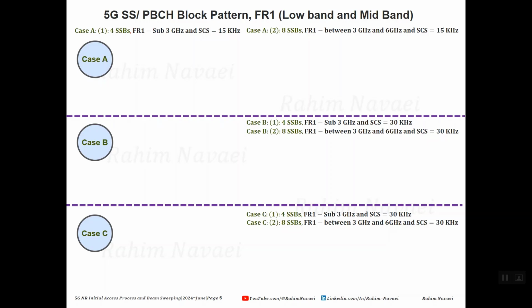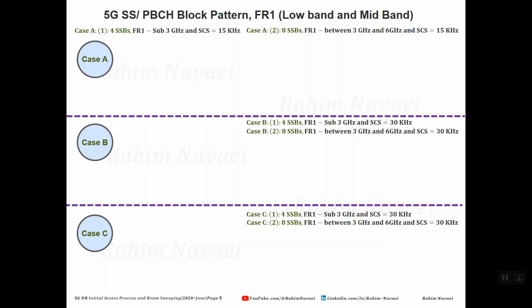In case of below 3 GHz, a maximum of 4 synchronization signal blocks are transmitted within a burst, and for the frequency range between 3 GHz and 7 GHz, a maximum of 8 synchronization signal blocks are transmitted within a burst. For this purpose, we have two cases for SSB pattern A, case A1 and case A2.